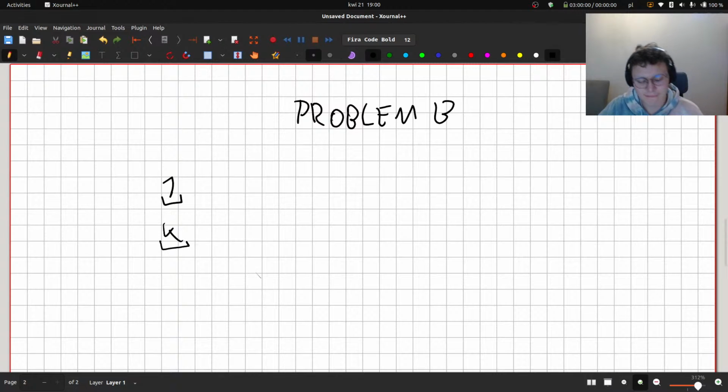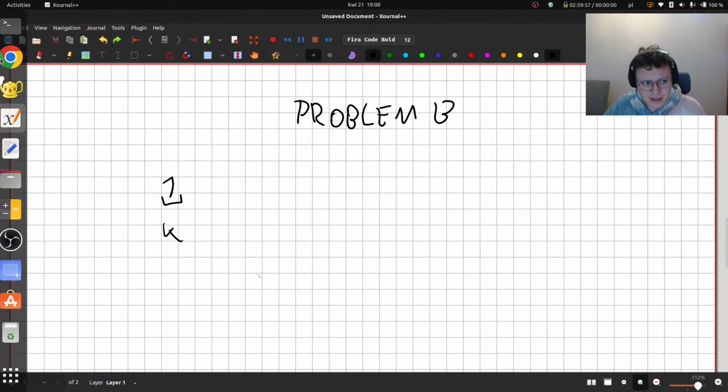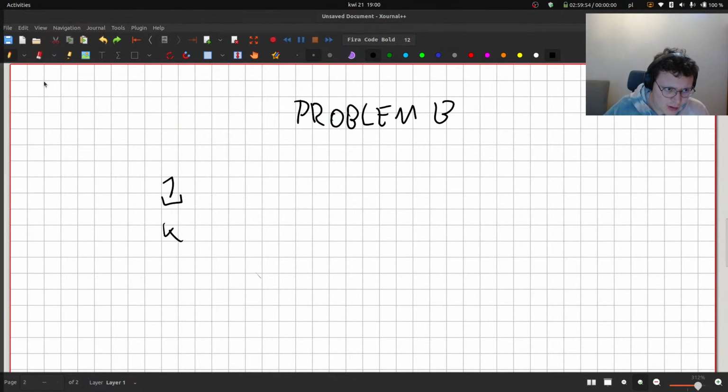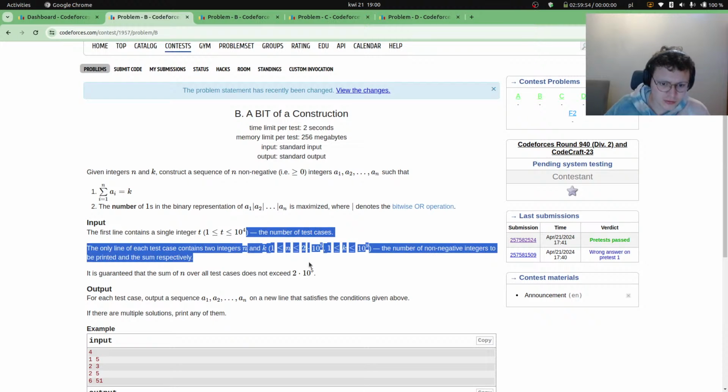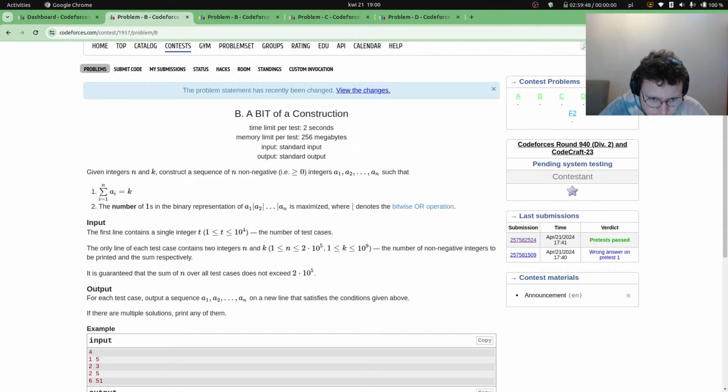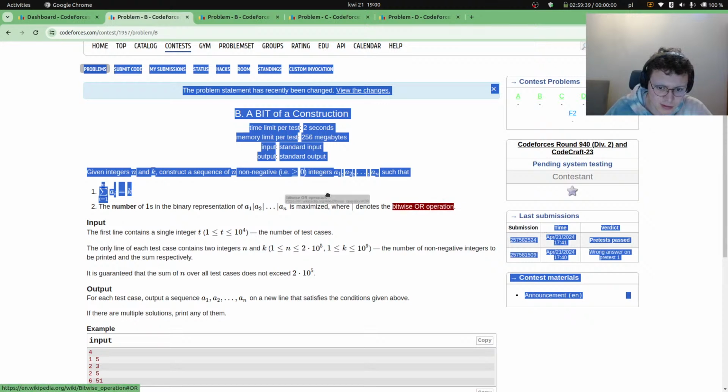So using this property we can notice that we will always want to stuff all the bits into one number, and we want this one number that will have all of our bits to be as small as possible.